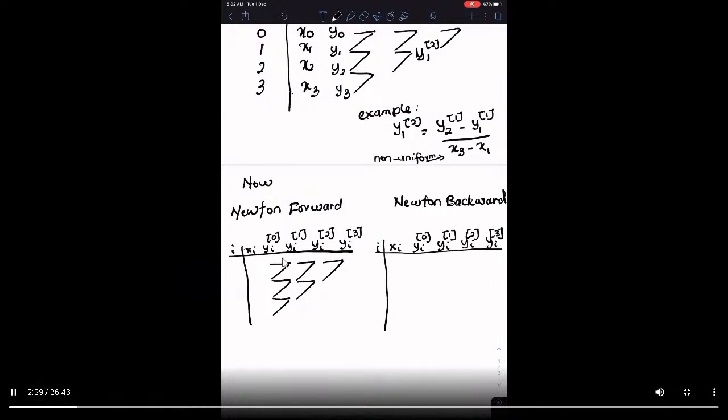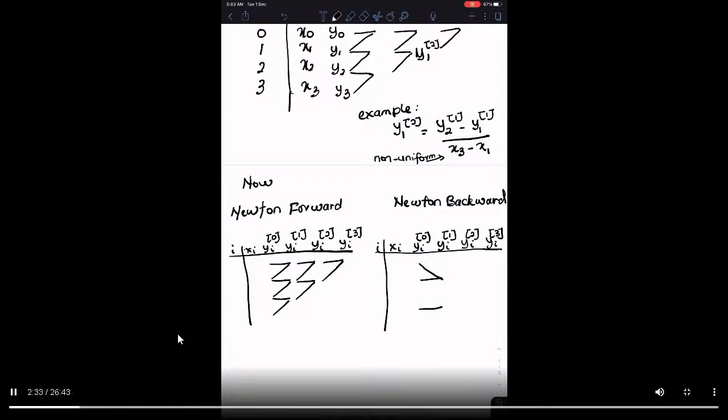So for Newton forward, you still develop the triangle forward above, but not divided. If you want to find y0,1, it depends on y1,0 minus y0,0. There is no division, because you are using the same h, x0, x1, x2 is similar.